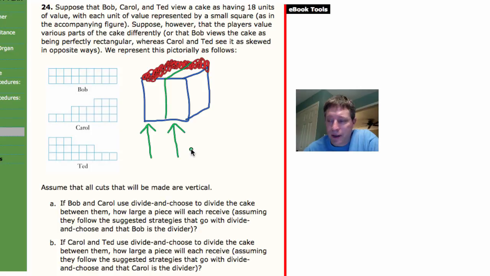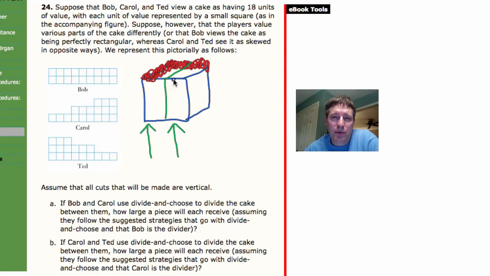Well, someone that likes icing might say, oh my goodness, from my perspective, this piece on the left is way more valuable because there's way more icing along the edge there. So you can see that the same piece of cake can have two different values based on a person's personal perspective. Even though one person may think that this cake was cut exactly in half, the other person may value the left half more than the right half.